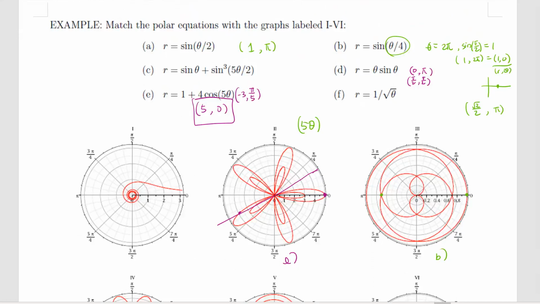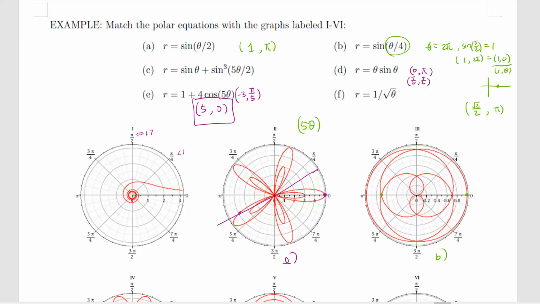And F is 1 over square root of theta. Think about if theta is 1, 1 over square root of 1 is 1. Pi is 3.14, pi over 2 is about 1.7, and pi over 4 is less than 1.